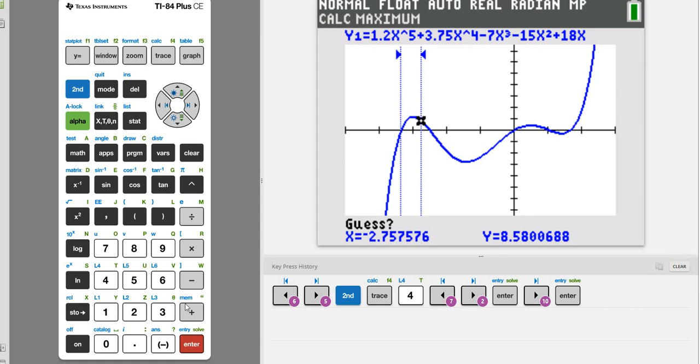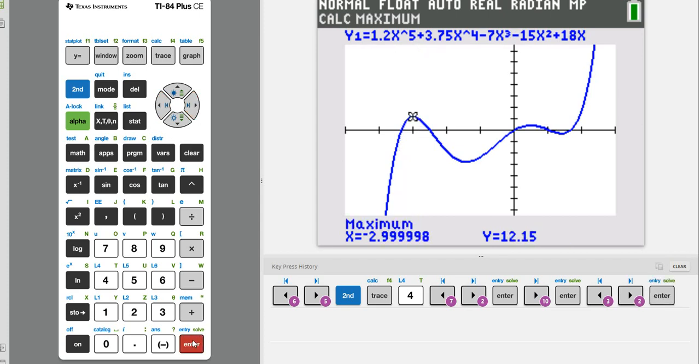It's looking for an initial guess. If you wanted to be nice to your calculator, you could go close to it, but you don't have to. Just press enter one last time, and that'll tell you your maximum. Now in my case, I'm getting negative 2.99998. A lot of you probably got negative 3, and that's okay.